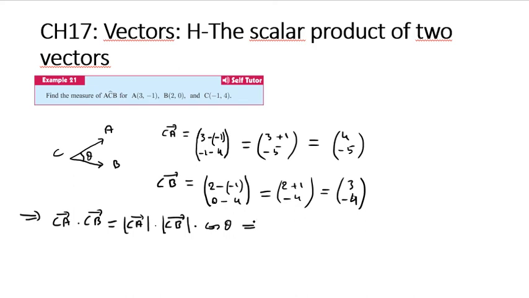So we can move the magnitudes, those two, to the left hand side, so we can have an expression for the cosine of theta.